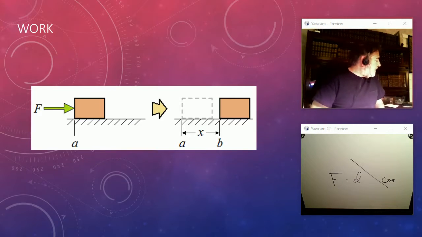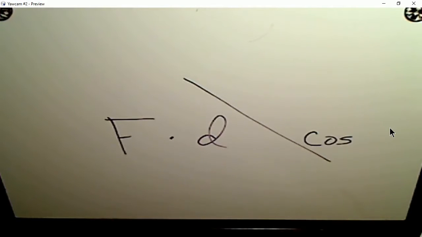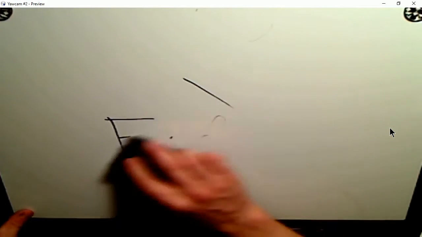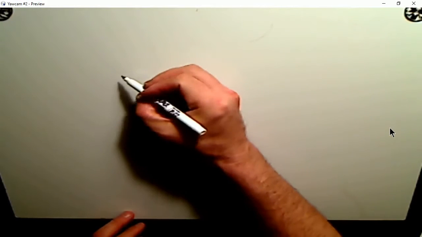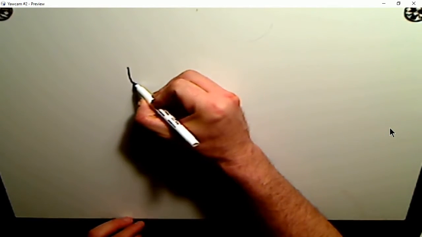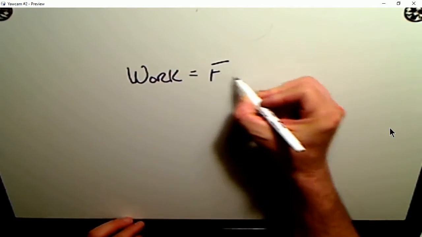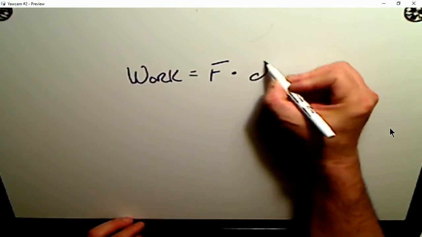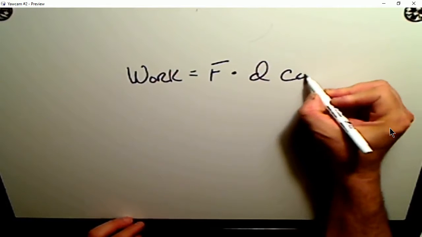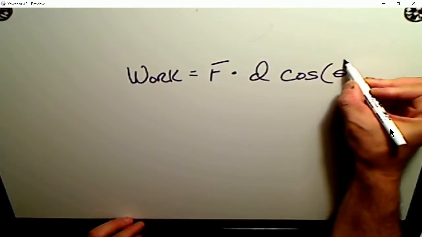So we have a distance. Well, let's do a little bit of an example here. So you write down what we just talked about. Work equals force times the distance, and I'll put cosine of the angle here, and you'll see what I mean in just a second.